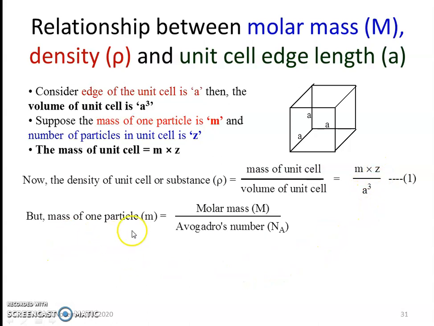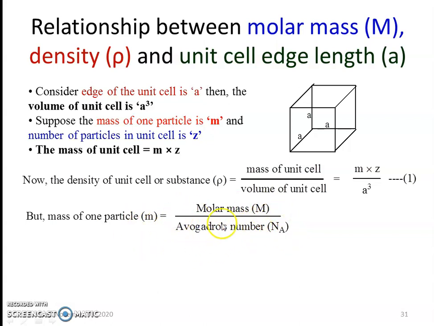But we know that the mass of one atom or one particle, we can find out from the molar mass and Avogadro number. So the mass of one particle or one atom is equal to the molar mass of the substance upon Avogadro number. That is, m is equal to molar mass upon Na.